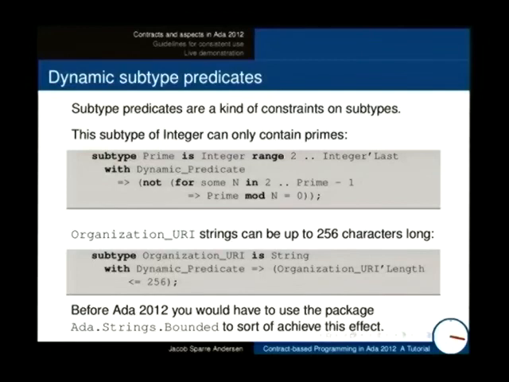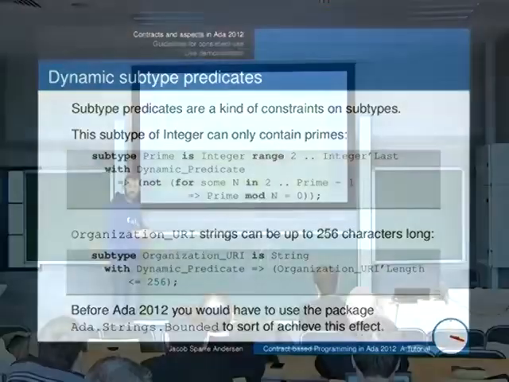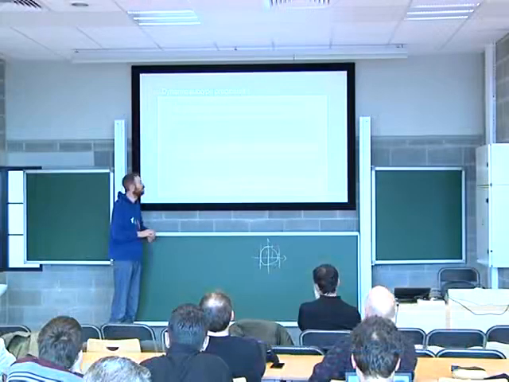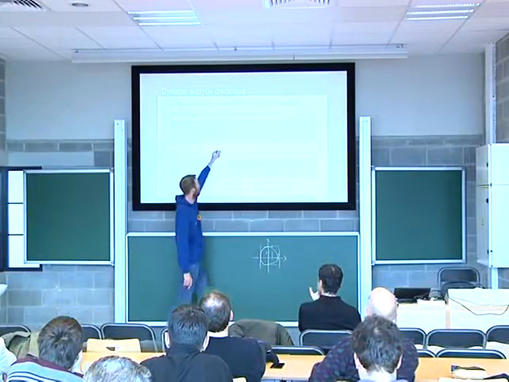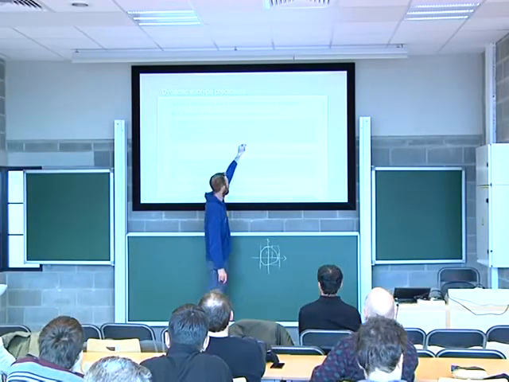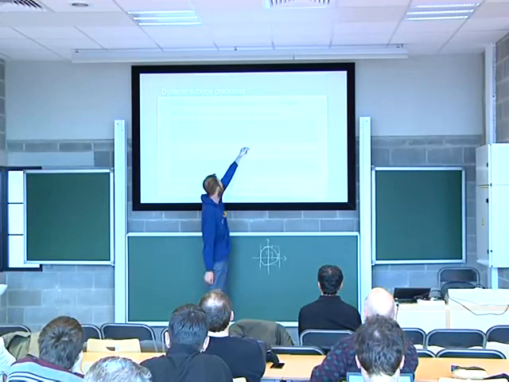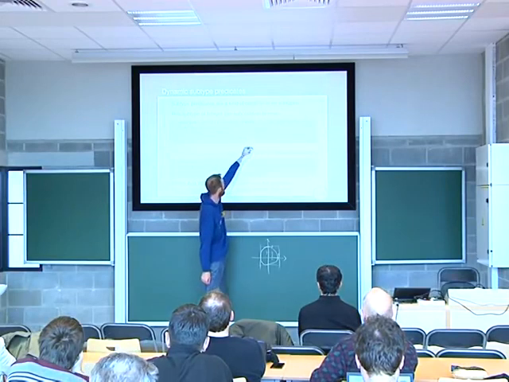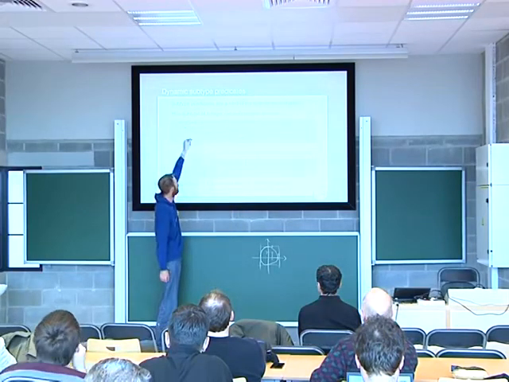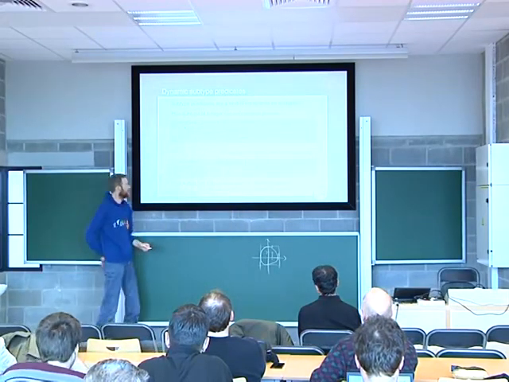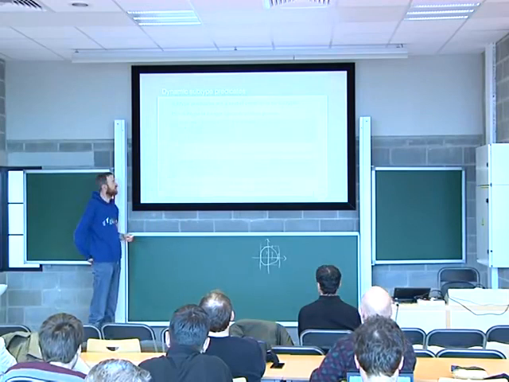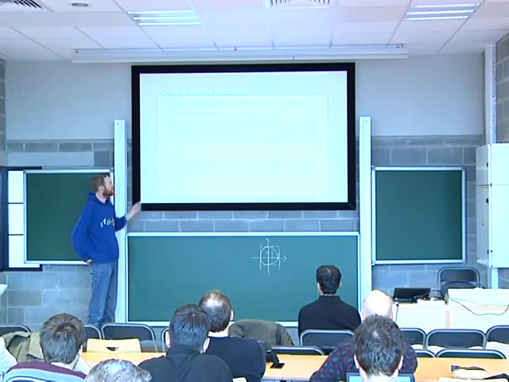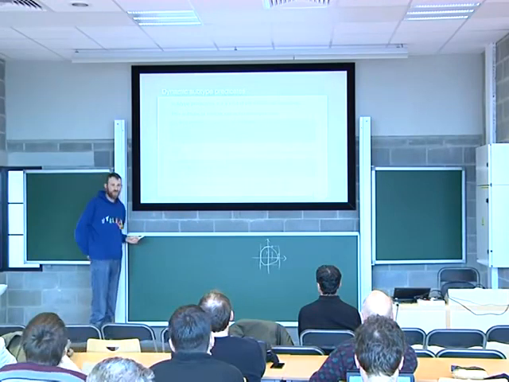And you can't have any factors of the number which are different from 1 and the number itself. Which, if we look carefully here, we say that prime modulus n is 0 for some n from 2 up to prime minus 1, then our dynamic predicate is not true. So now we have a subtype of integers which is only the primes.